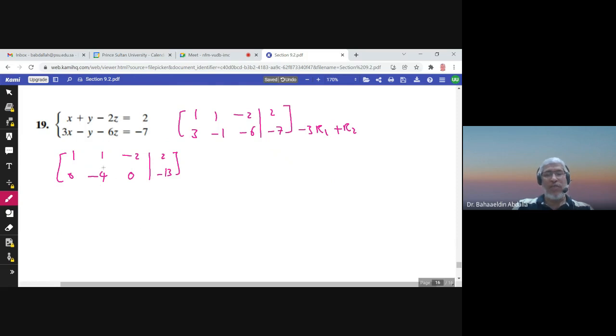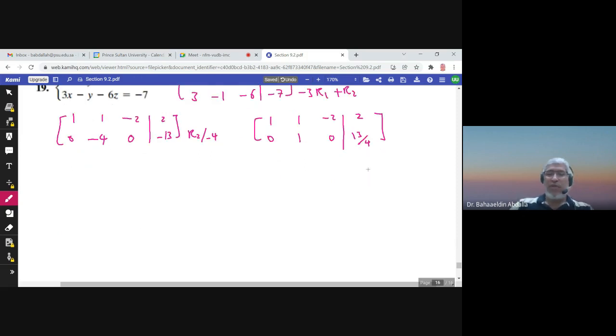Now this negative 4 has to be 1. So I divide row 2 by negative 4. So I'll have 1 here and 13 over 4 here. Now what do we get from here?